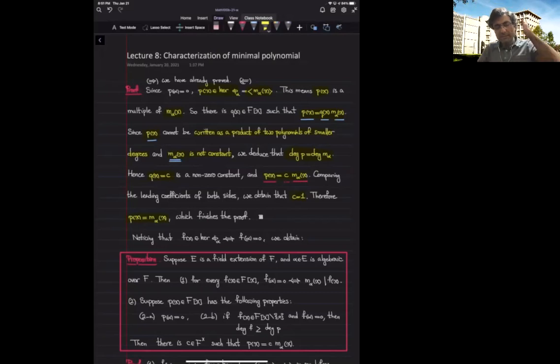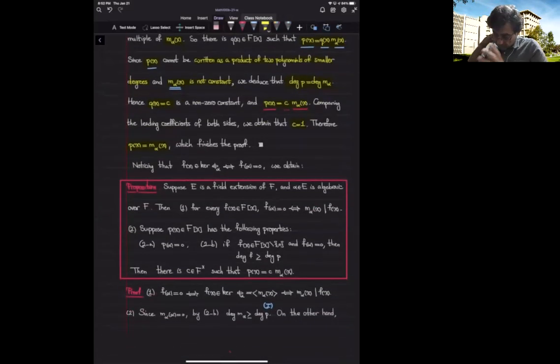That shows that a monic non-constant polynomial is the minimal polynomial of alpha precisely when alpha is a 0 of this polynomial, and this polynomial cannot be written as a product of two polynomials of smaller degree. Okay, so not bad. We have a sort of characterization of the minimal polynomial.